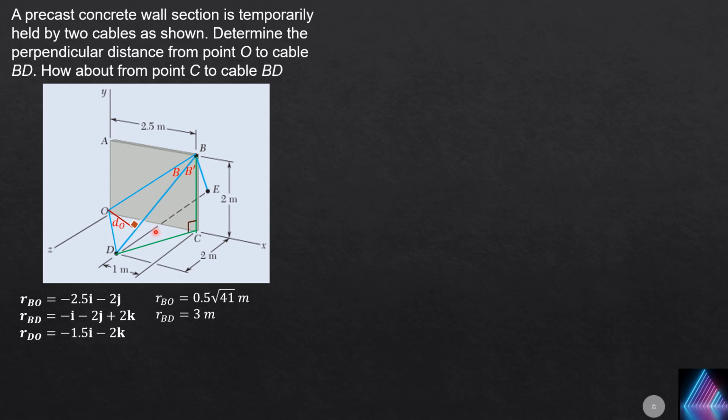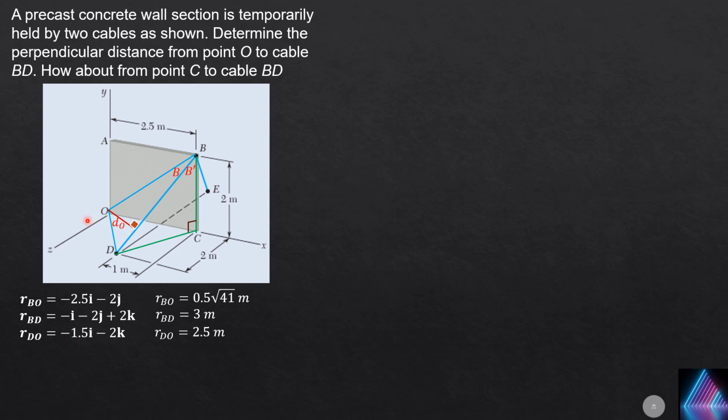So RDO is equal to, D to O, that's going back negative 2, so negative 2k, then leftward by 1.5, where 1.5 is 2.5 minus 1, so negative 1.5i. And the magnitude is the square root of 1.5 squared plus 2 squared, so that's 2.5.